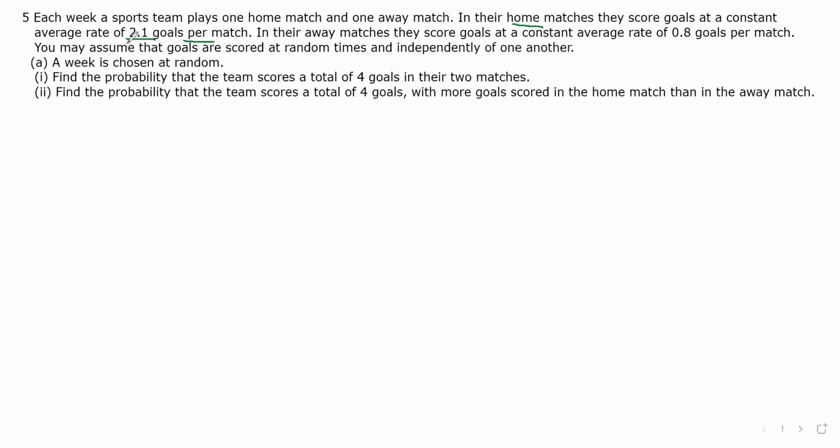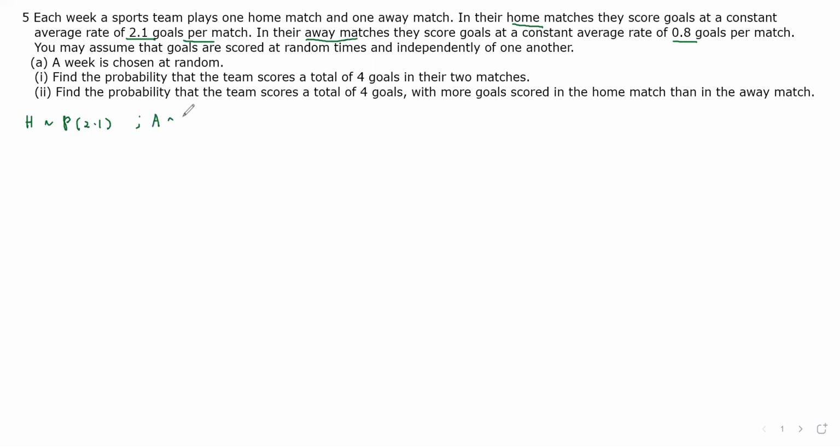When you see an average rate and the number of goals that we are looking at, this is a Poisson distribution. So the home match here follows a Poisson distribution with a mean of 2.1. In their away matches, they score goals at a constant average rate of 0.8 goals per match.